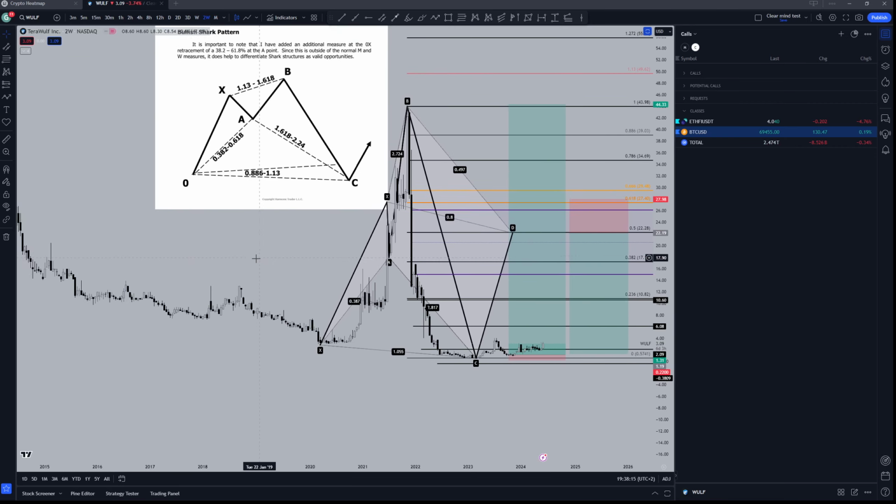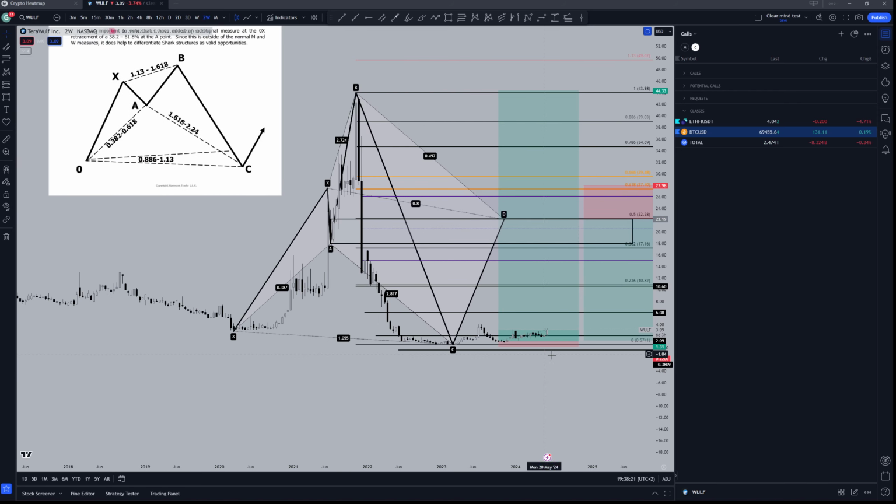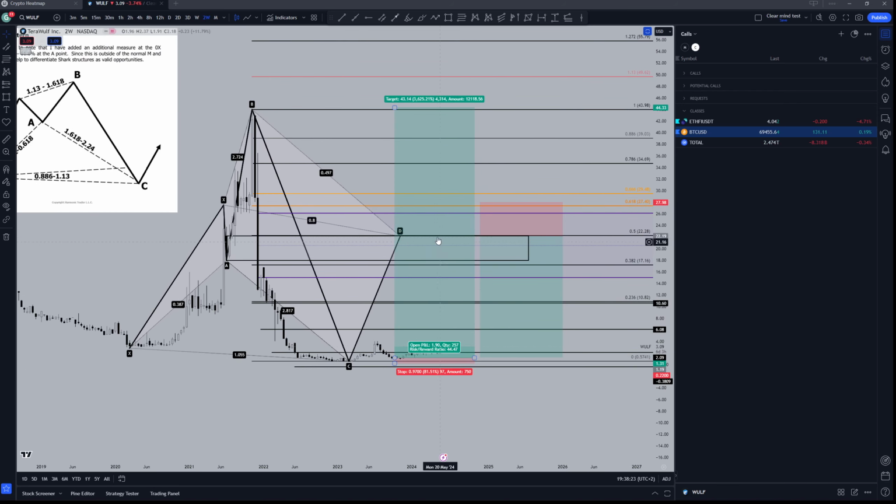No. If you would take this, for example, you can take this as well for an ICT setup. So you can see that these do align with other confluences as well, which also aligns with what I said at the start about support resistance levels. They do often align with support resistance levels, although they don't have to.